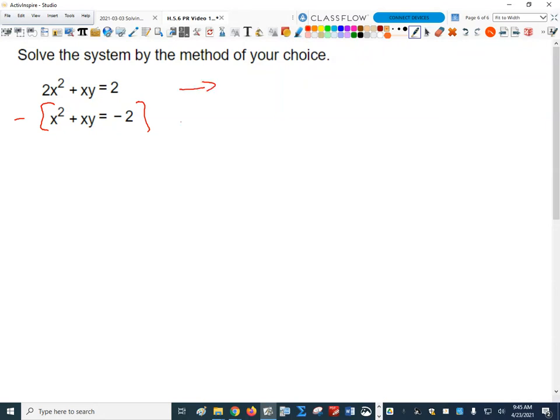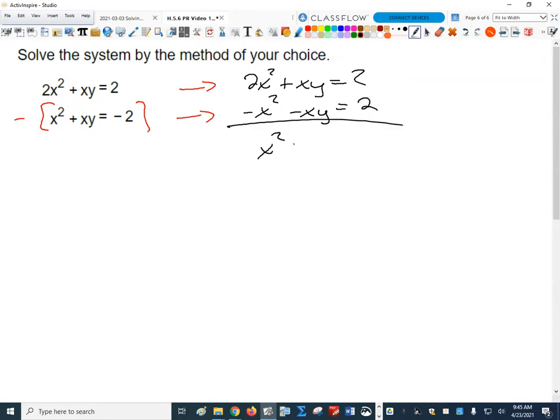And then that's going to give us the two equations, 2x squared plus xy equals 2, and negative x squared minus xy equals 2. Add those up and get x squared equals 4. So x equals plus or minus 2.